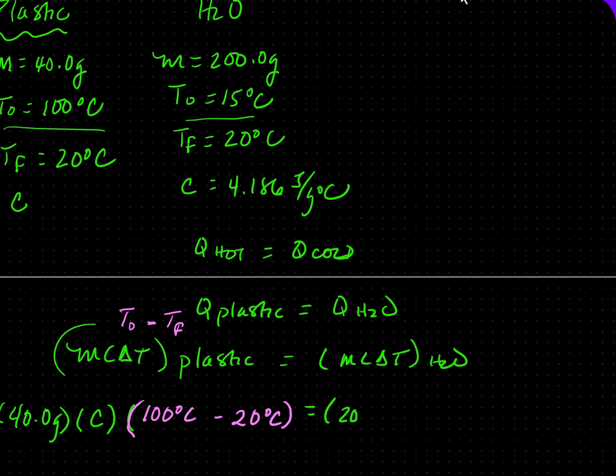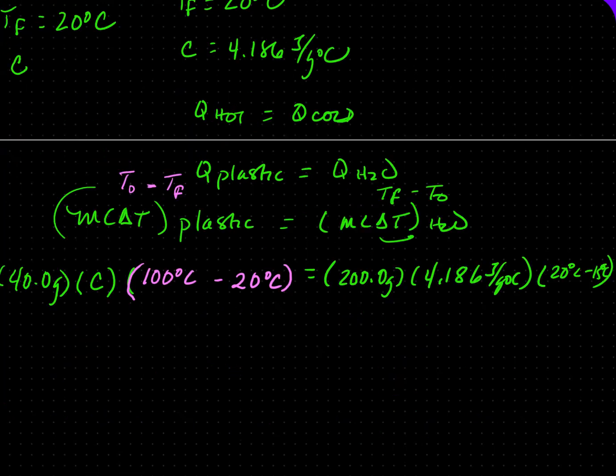The mass of the water is 200. The C of the water is 4.186 joules per gram degrees Celsius. My delta T, since this is the cold, is going to remain as final minus initial. My final was 20 degrees Celsius minus 15 degrees Celsius.